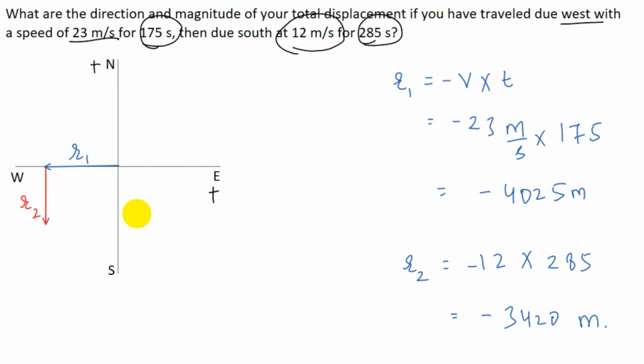Now what is your net displacement or total displacement? So this should be your total displacement. Let me show it on the figure first. This will be your total displacement. Now we need to find the direction and magnitude of your total displacement. Direction would be theta, and magnitude is pretty simple. Let this be RT. So magnitude would be the square root of R1 squared plus R2 squared, right?